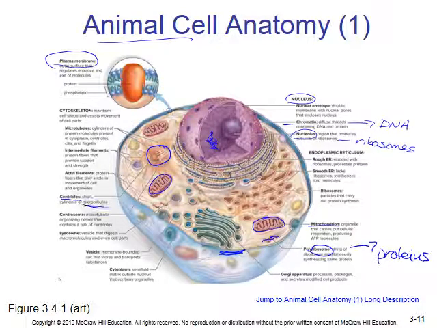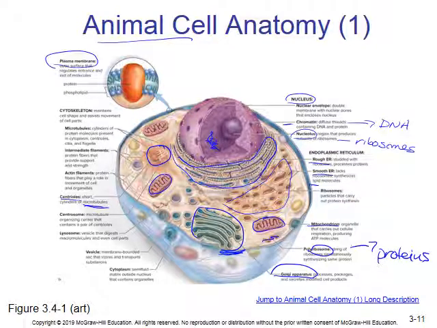These are microtubules that are going to help during cell division. You're going to have a Golgi apparatus right here. You're going to have rough endoplasmic reticulum. The rough is studded with ribosomes. And then you're going to have the smooth endoplasmic reticulum, and this is going to help create lipids.